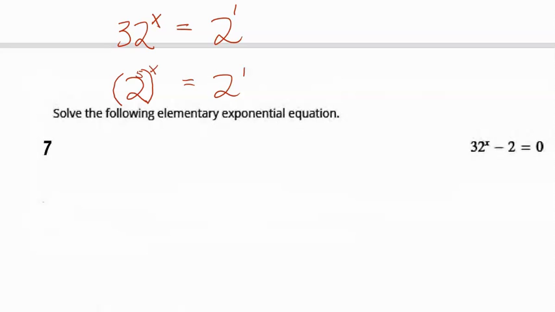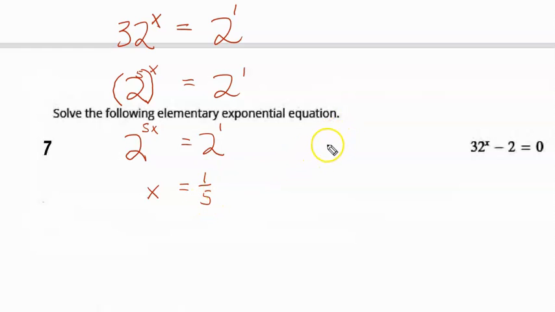Did you get something like this? So 2 to the 5th is 32, and then we have our x. So rewriting this, this is going to be 2 to the 5x power equals 2 to the first. So now our bases are the same. And you might say, what is x going to be? Well, we're just going to divide both sides by 5. X is 1/5.